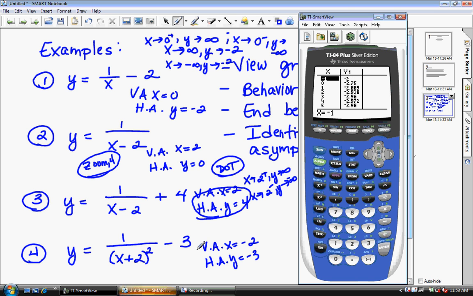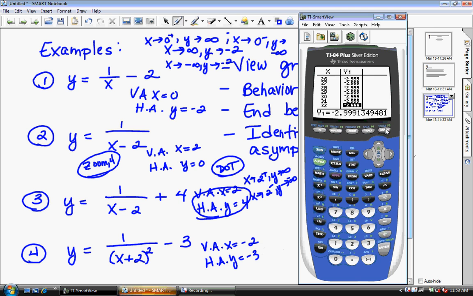Okay, so what's happening at negative 2, we should see an undefined message or error message, and we do. Then what's happening as we get really, really large, our values of y are approaching what? Can you see that? Yeah, they're getting very, very close to negative 3. That's what's happening. Okay?